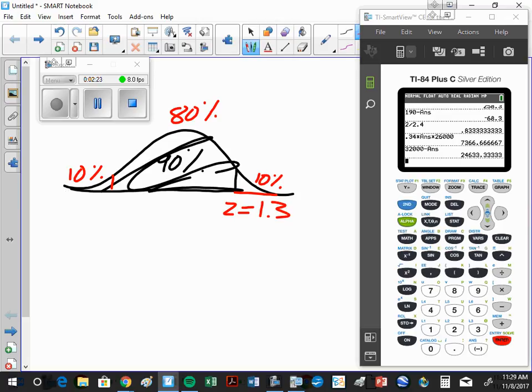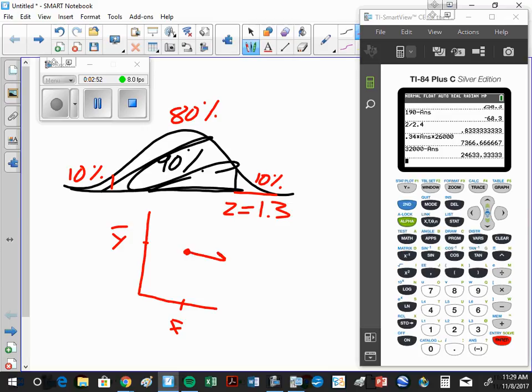Okay. So this person is to the right 1.3 SDs of the average for the X. So right here is X bar, and right here is Y bar. But we don't know what those numbers are, correct?